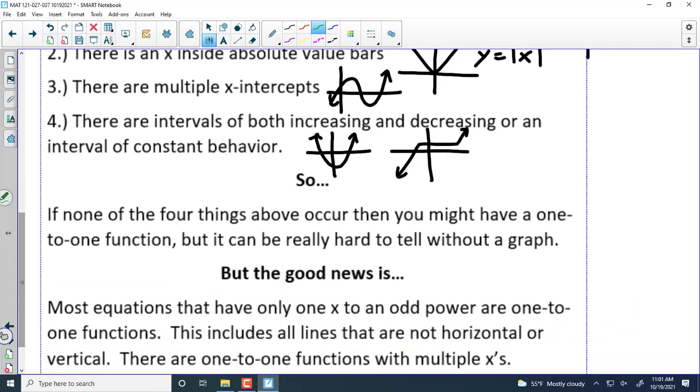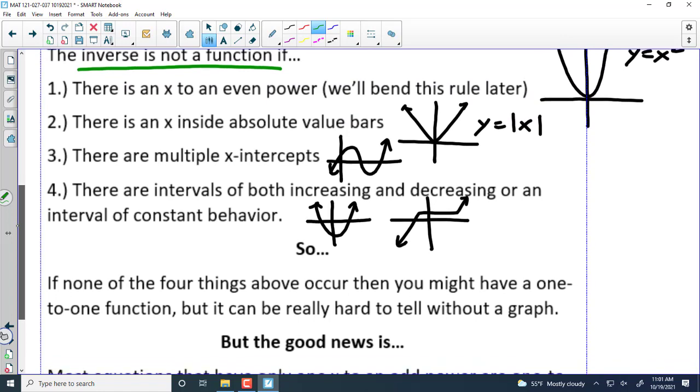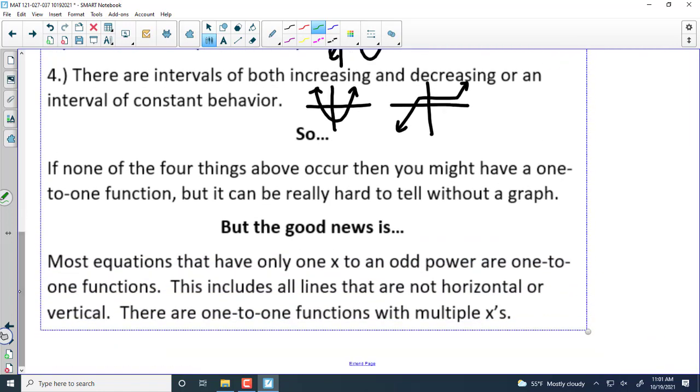If none of these four things above occur, then you might have a one-to-one function, but it can also be really hard to tell without a graph. I cannot possibly go through all the different types of functions that we have to worry about in your mathematical career. But I will tell you that in general, if you don't see one of these things happening, then there's a pretty good bet that you have a one-to-one function. Most equations that have only one x to an odd power are one-to-one functions.